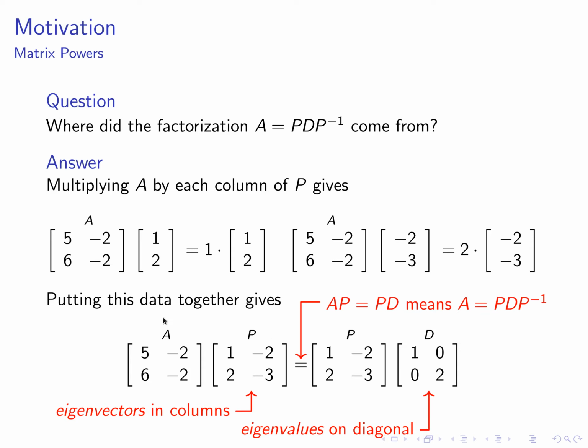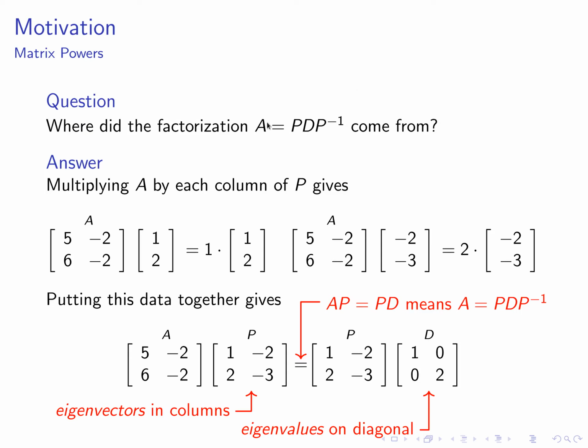And if we look closely at this equation, A times P equals P times D, we realize that we can multiply it on the right by P inverse to obtain our desired factorization: A equals P times D times P inverse. So this sums up our motivational example.